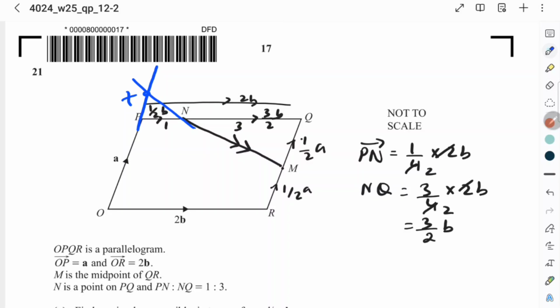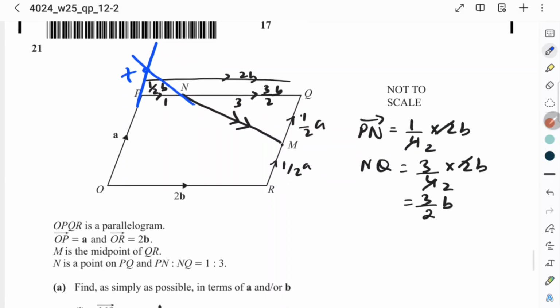I can show you here that if you just take P, X, like this, this is a straight line.